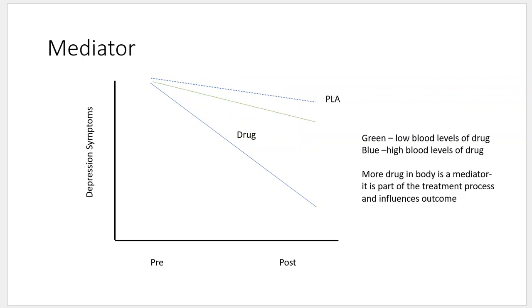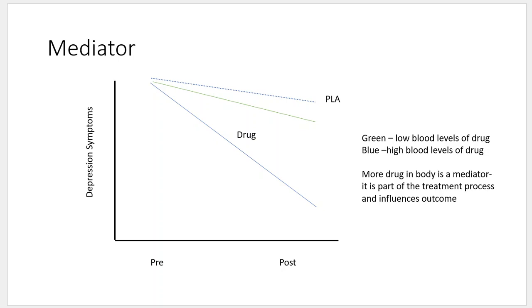Now, what is a mediator of outcome? A mediator is part of the treatment process. So the simplest mediator, if you do a study, people have to take their medication. So what we're going to do here in this study, we randomize to placebo or drug, and we look at whether they have high or low levels of drug. Now, that doesn't matter for the placebo group, but let's look at the two solid lines.